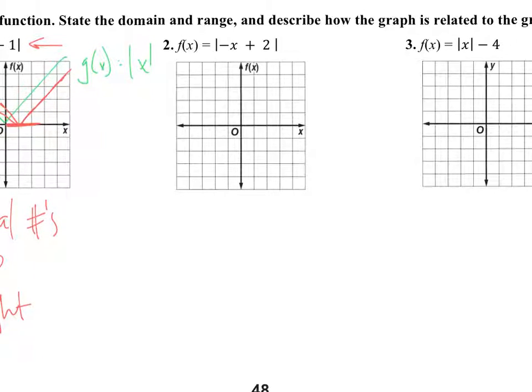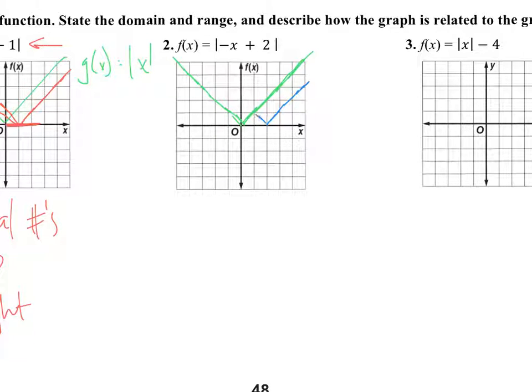Let's figure out our next one. Again, I'm going to graph. We're comparing everything to g of x, the absolute value of x, and that is that line right there. So here I'm going to graph the absolute value of negative x plus 2. And that one looks like this.